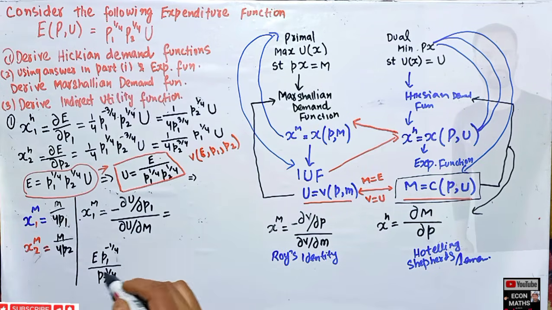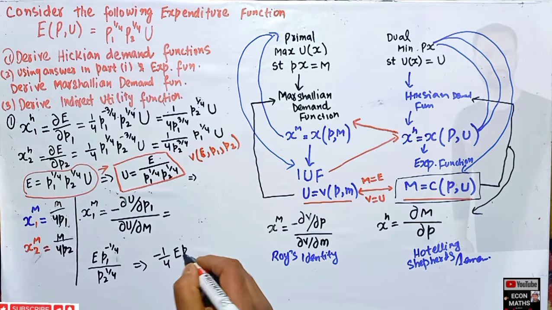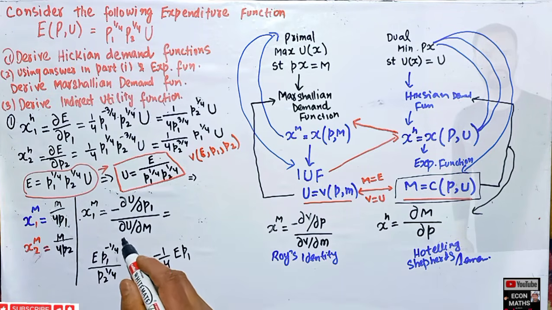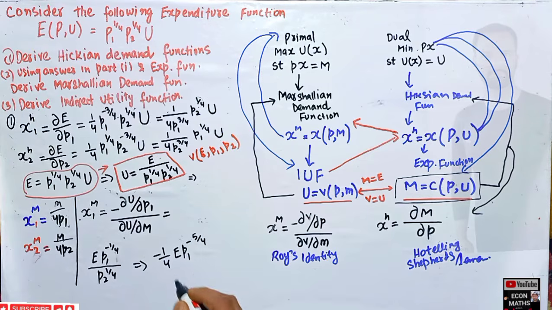So we have our choice variable here. Using the power function rule, this minus 1 upon 4 will become the coefficient, so this becomes minus 1 upon 4, then we have e p1 raised to minus 1 upon 4 minus 1, this becomes minus 5 upon 4, divided by p2 raised power 1 upon 4. When we solve, this will come out to be minus 1 upon 4.